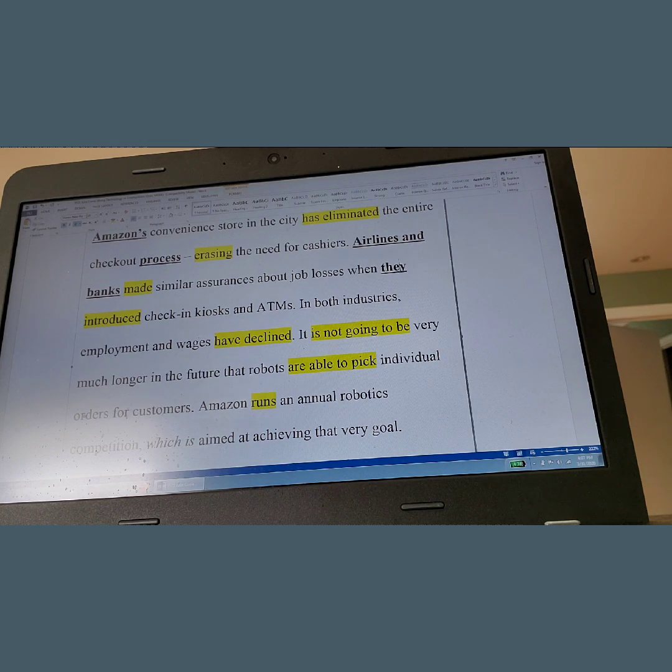So it says in both industries, okay, we're at 14. In both industries, employment and wages have declined, right? So decline basically means that something has gone down, right? And this is also like a math term. So you should be thinking about this also when it comes to math.